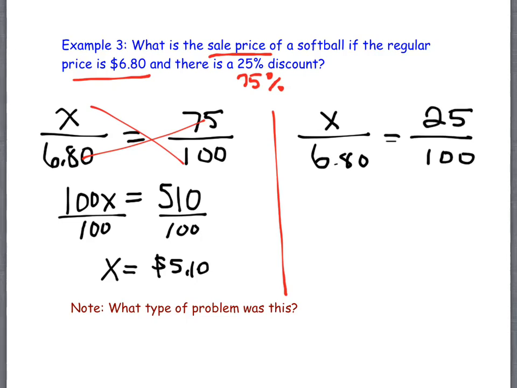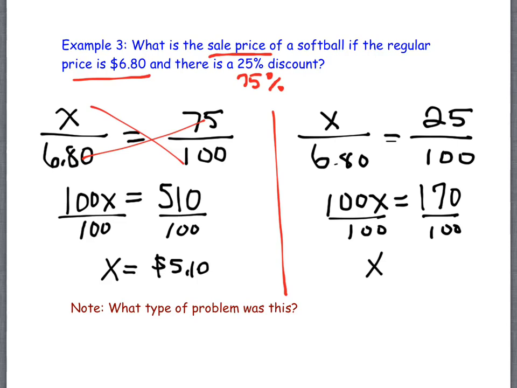So somebody tell me what is 25 times 680. I don't have this one written down. 25 times 6.80. 170. And if you divide by 100, you actually get $1.70.